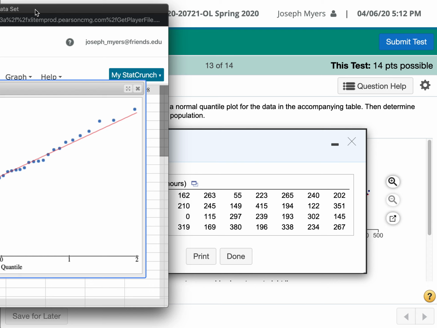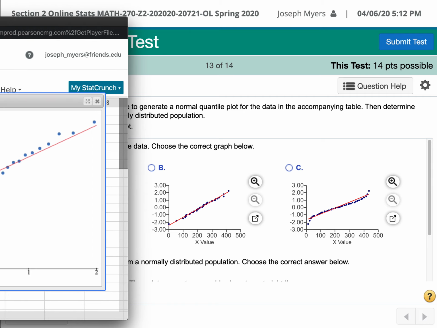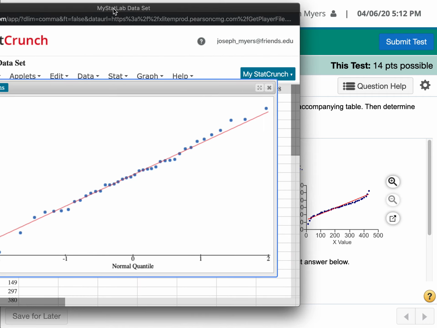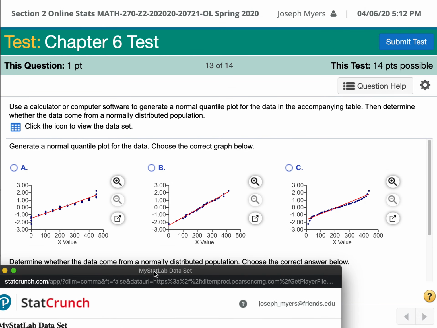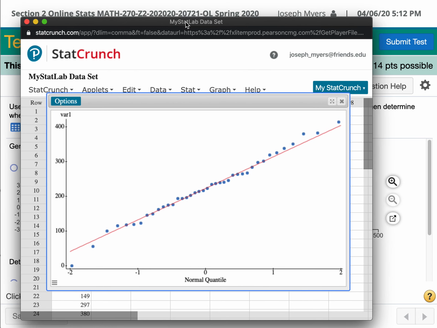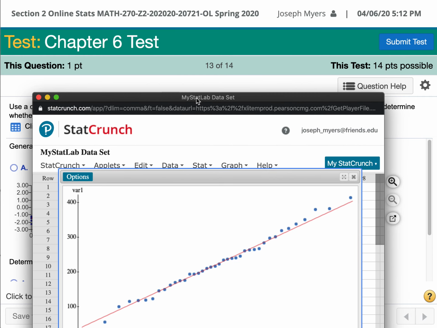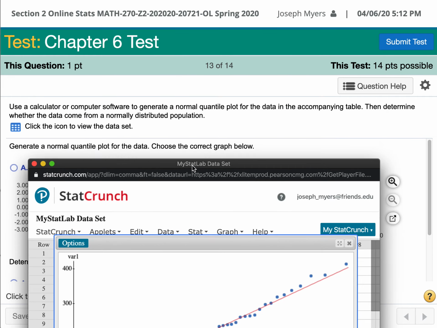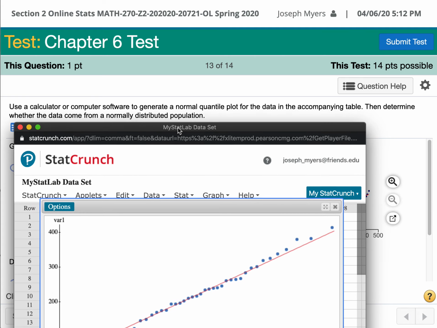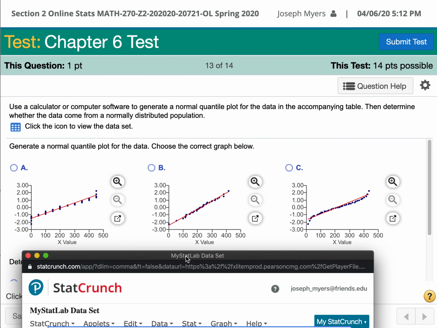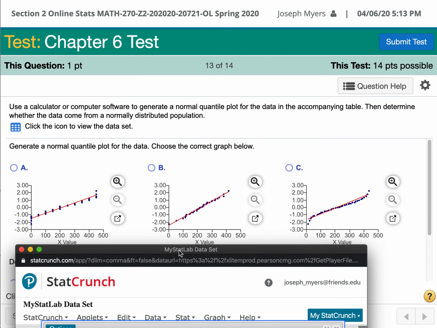So it says, hold on just a second. It kind of looks like the middle one the most, but it also sort of looks like the last one.